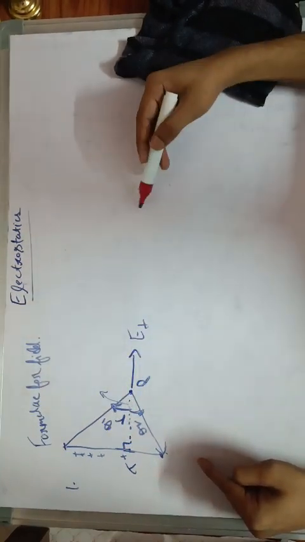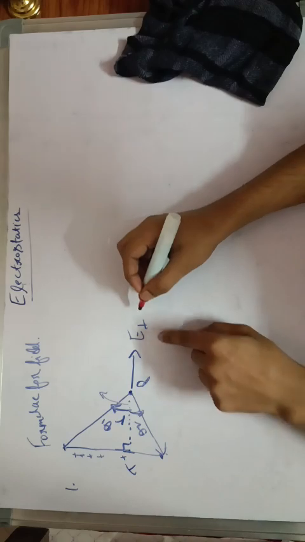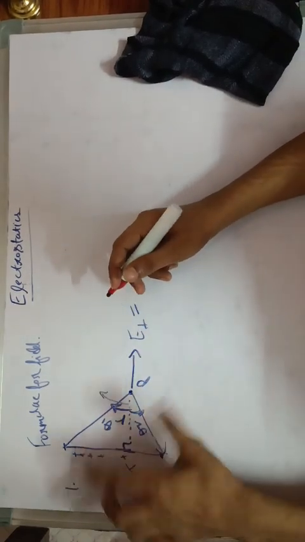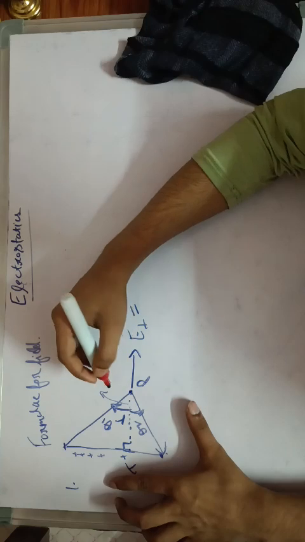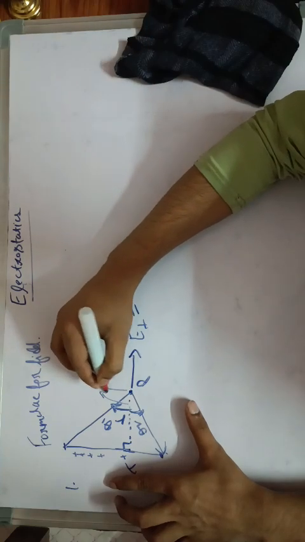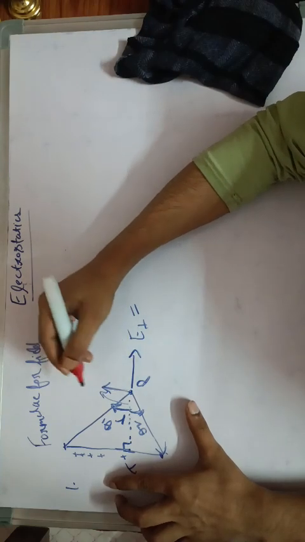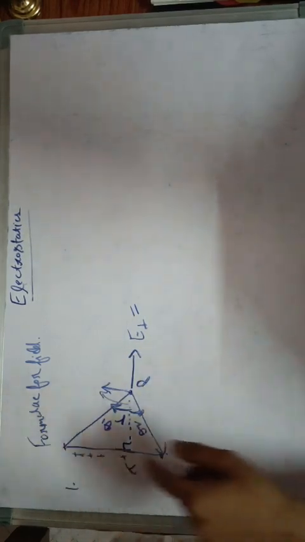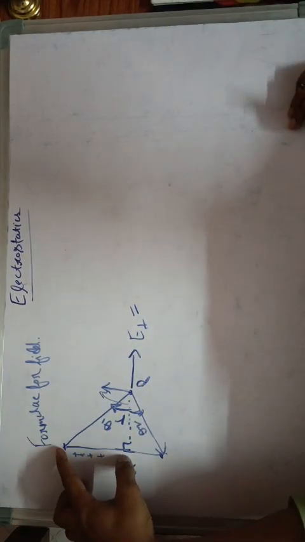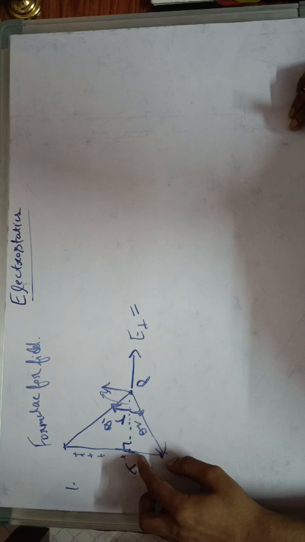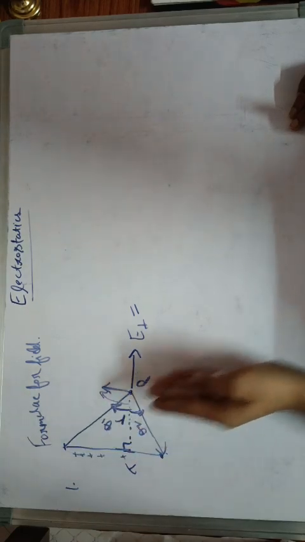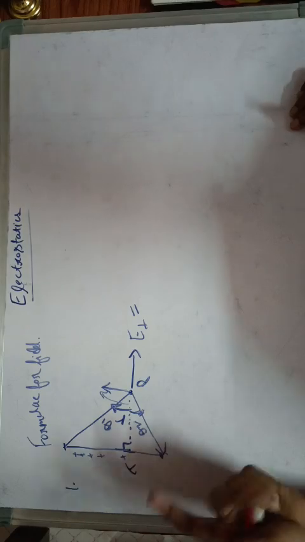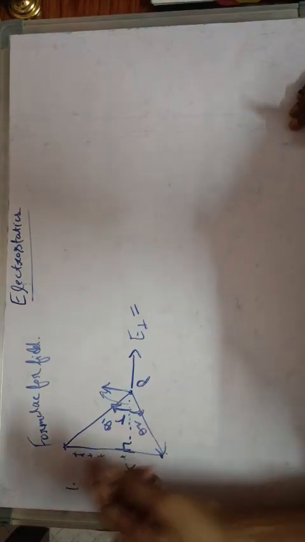And there would be some electric field parallel to this line, because there is some more charge here and some less charge here, so there would be some net force probably acting in this direction or in this direction, depending on which side has more charge.